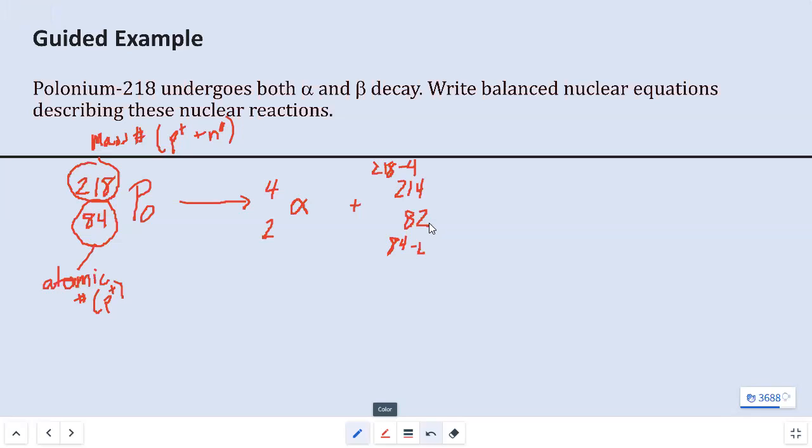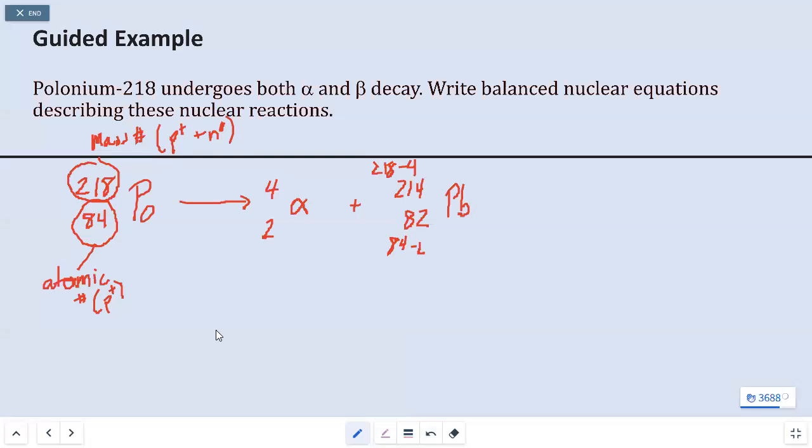I look over at the periodic table. I see element number 82 is lead, Pb. That's it. That's all we have to do. So that's the alpha decay.